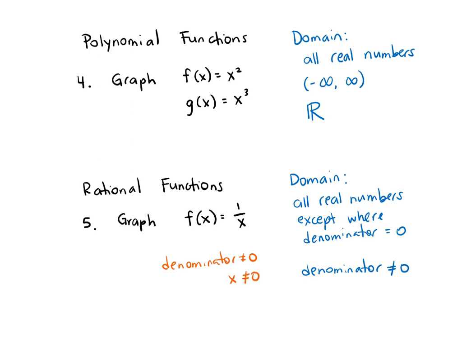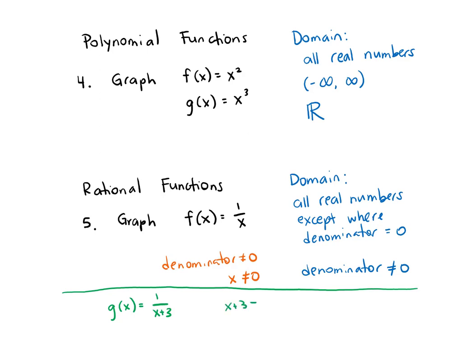But if my denominator was something else, then perhaps my value of x could be 0, but it could not be something else. For example, looking at g of x as 1 over x plus 3, I'm going to set my denominator not equal to 0. And when I solve this, then I find out that my x cannot be negative 3. It can be any number but negative 3.